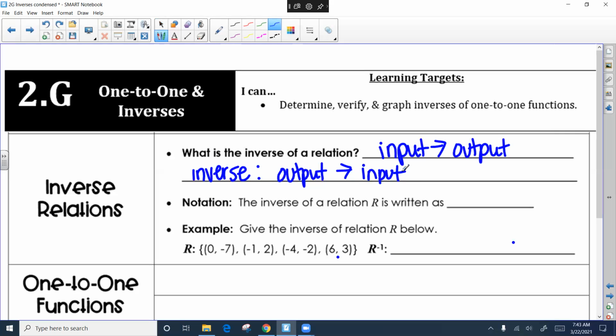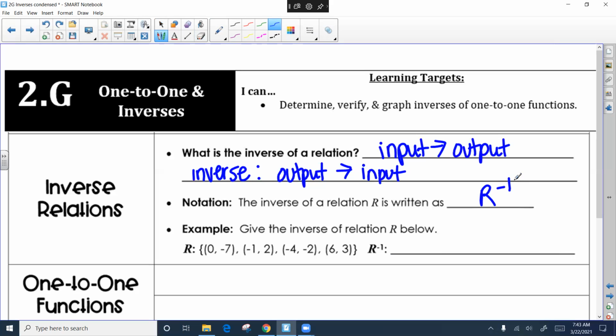So the notation, again, usually it's the notation that's challenging in these. The notation for the inverse of a relation, we're going to use function notation, but the notation we use for inverse in general, so we're saying R is the relation, we use a little -1.